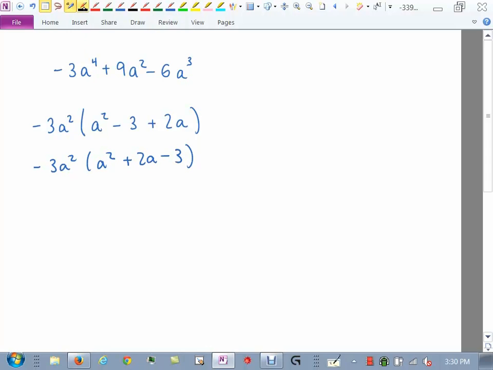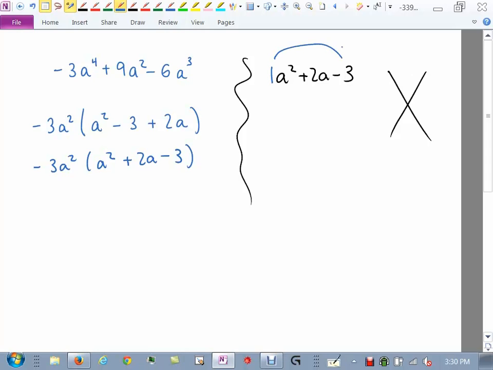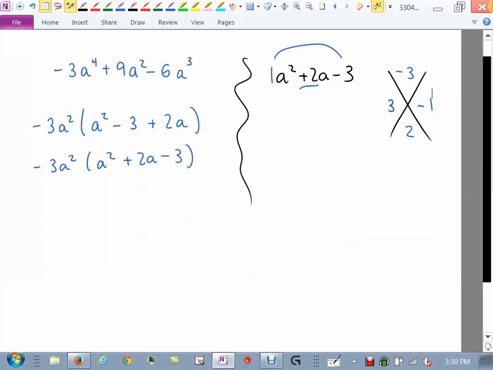So focusing all my attention now on just a squared plus 2a minus 3, I try and come up with two numbers that will multiply to be -3, and then add up to be the number in the middle, +2. And the two numbers that do that are 3 and -1. That's weird. Right? 3 and -1 are the numbers that do that.